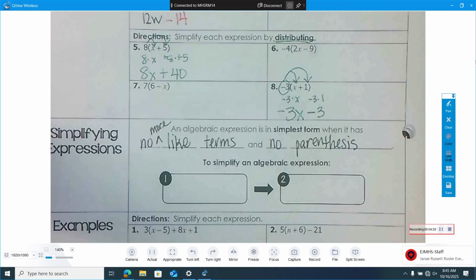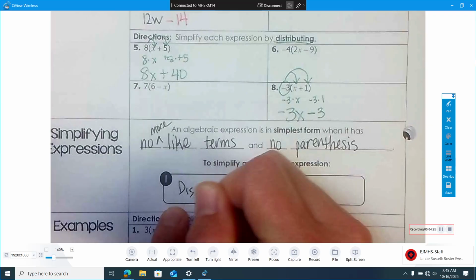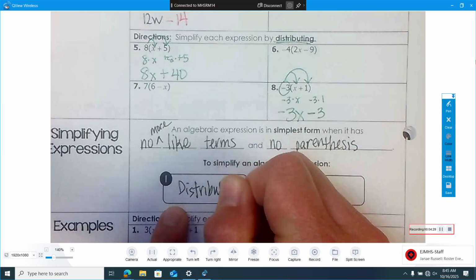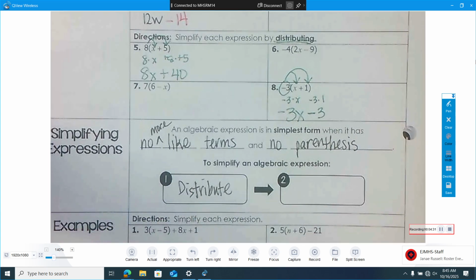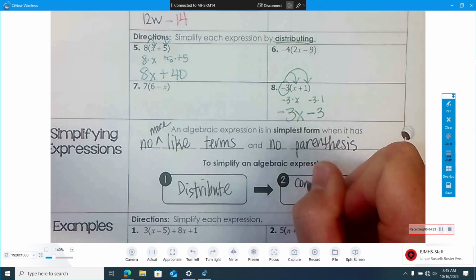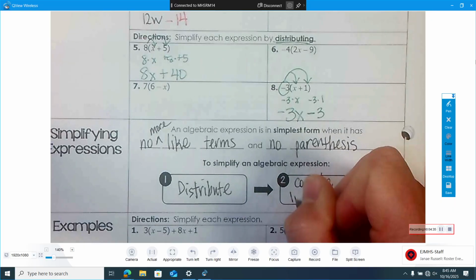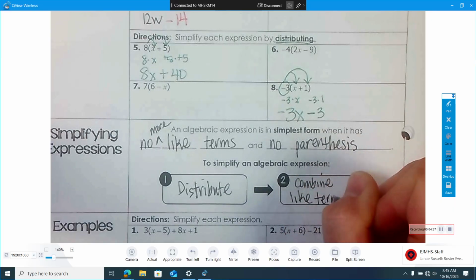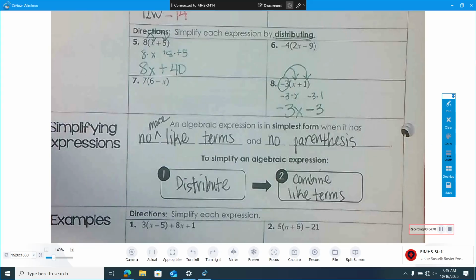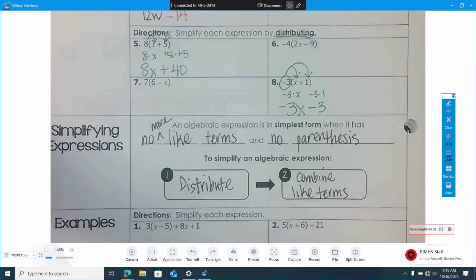So to simplify an algebraic expression, we're going to distribute if we need to, and then we're going to combine like terms. So this is 2 steps that we're going to do here. If we see parentheses, maybe we need to distribute. And then we need to combine like terms.